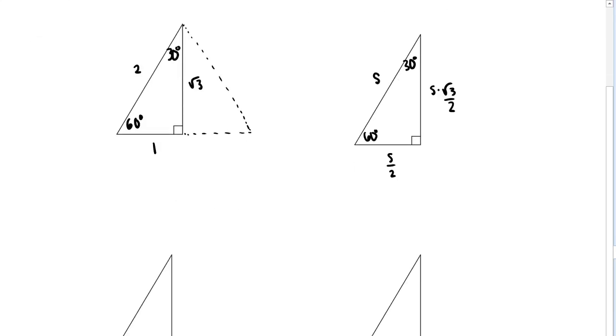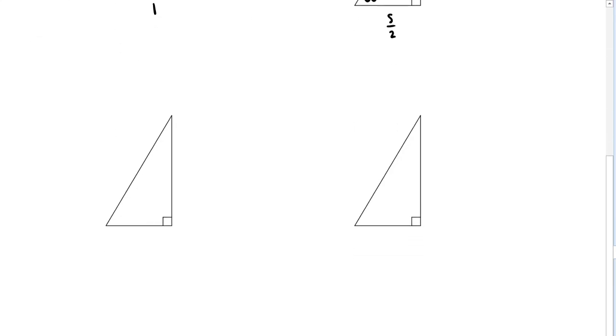Another concrete example: if I have a hypotenuse of 8 for this 30-60-90 triangle, then the shorter leg length is 4, half of 8, and the larger leg length is 8 times the square root of 3 over 2, which is 4 square root 3.